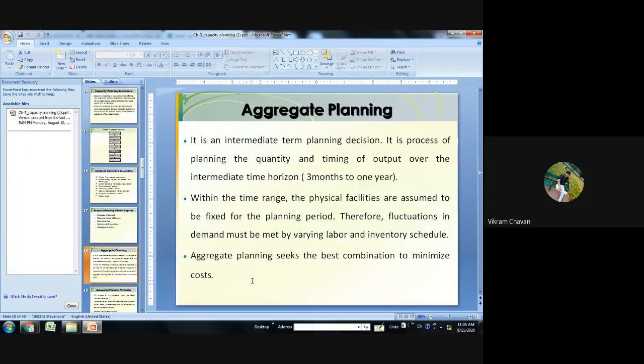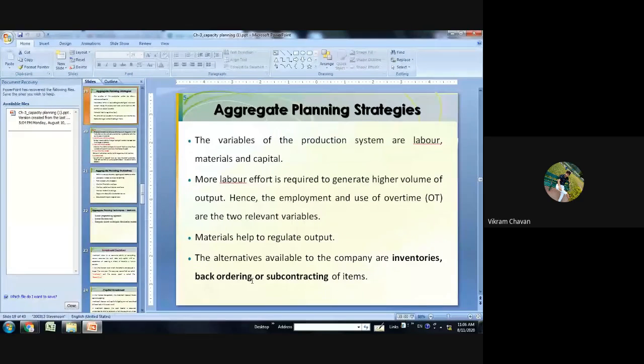Then we have seen the aggregate planning strategies. So this aggregate planning strategy is nothing but what? The policy of the firm. A policy to accommodate the fluctuation of demand, and this accommodation should be considered for different variables of a production system.